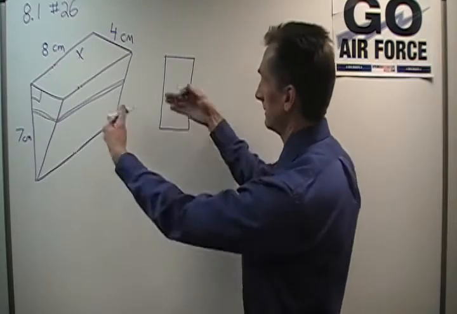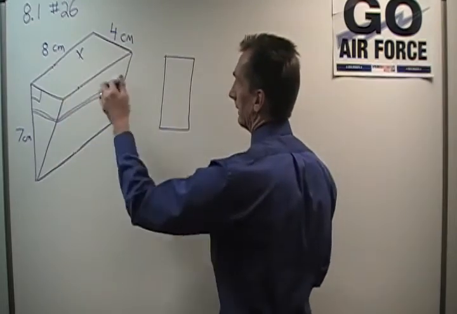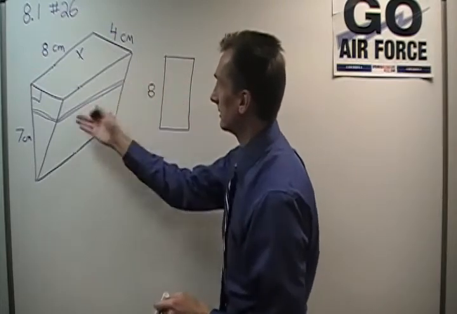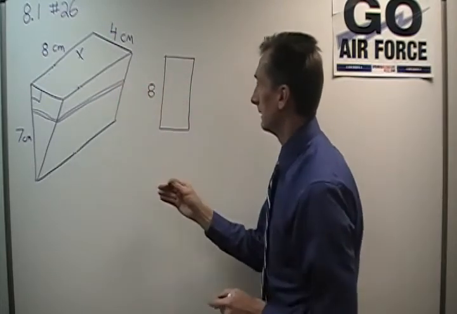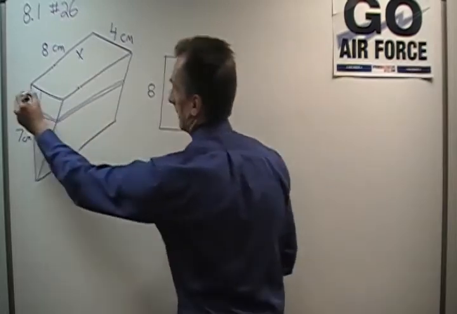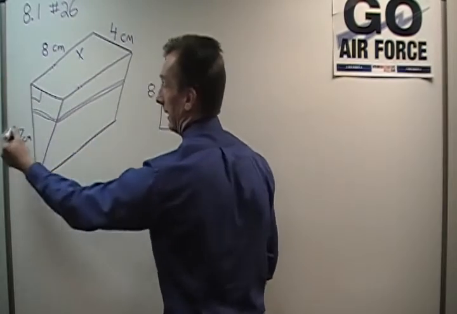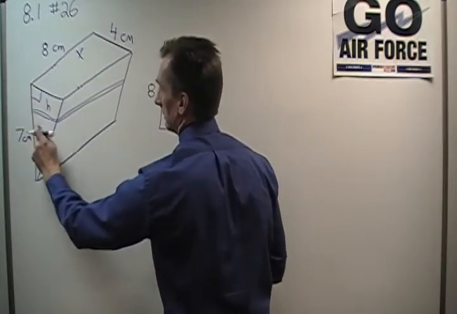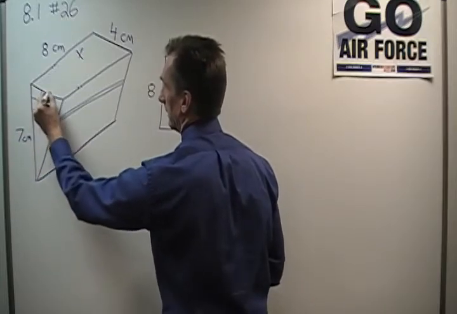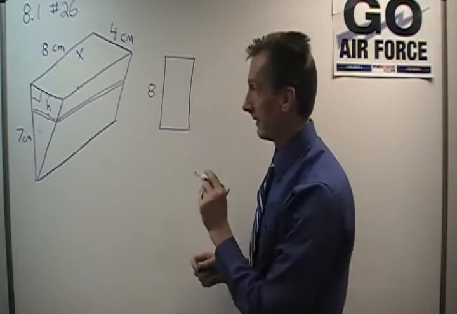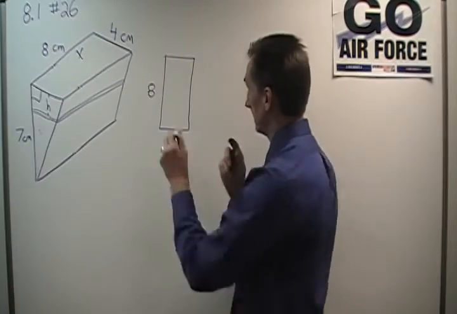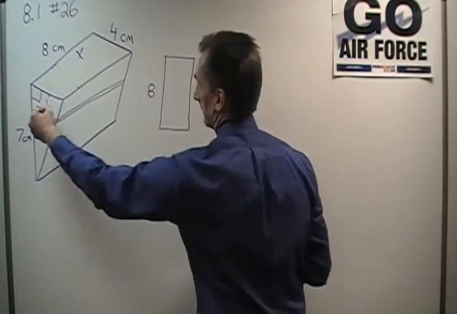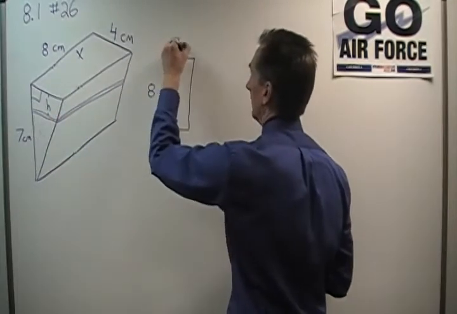Okay, so this is a typical piece. I pulled it out of here. It is, of course, 8 centimeters this direction. I'm going to call this height H, the length from here to here. Okay, with me on that? And the width across here, we just call that width.